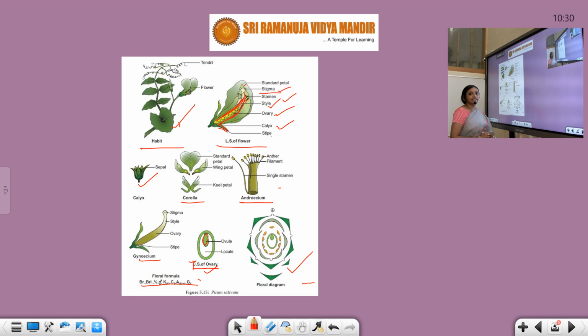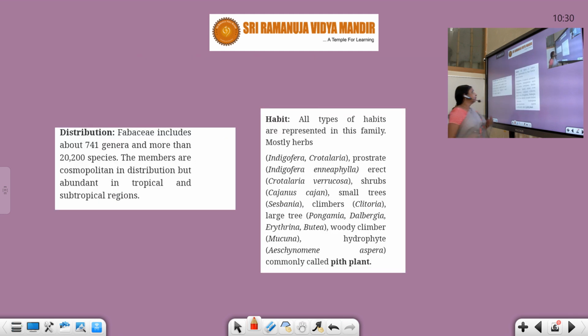So let's see, this is the third largest family. In the distribution you can see Fabaceae includes 741 genera. Actually in some books 450 genera is written, but it is the third biggest family. So it includes 741 genera, and more than 20,000 species are found.